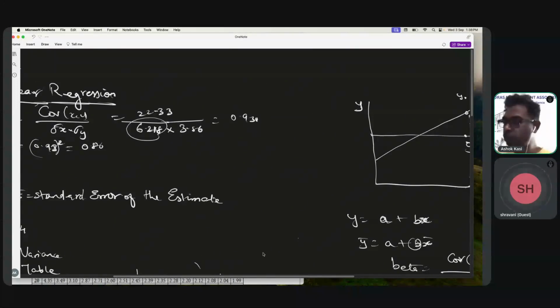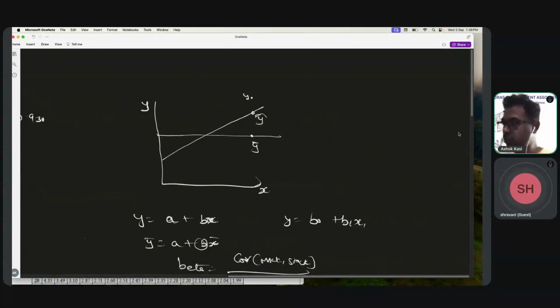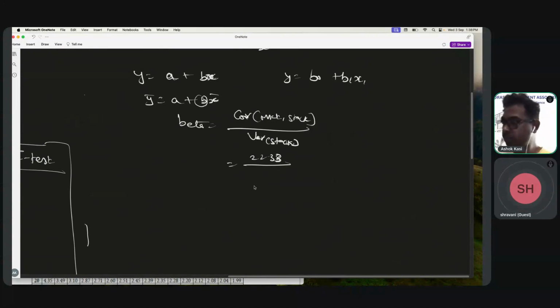So 6.218 squared is 38.66. How much is this coming to then? 0.577. That is the beta.